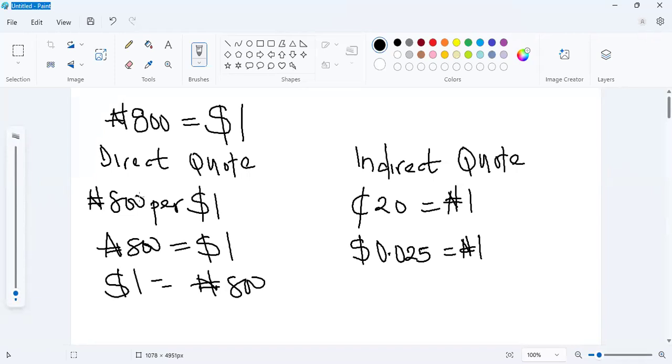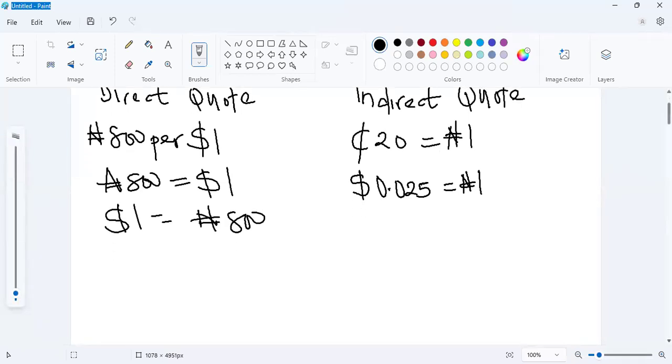Relationship between direct and indirect quotes is reciprocal in nature, and can be expressed as a reciprocal.